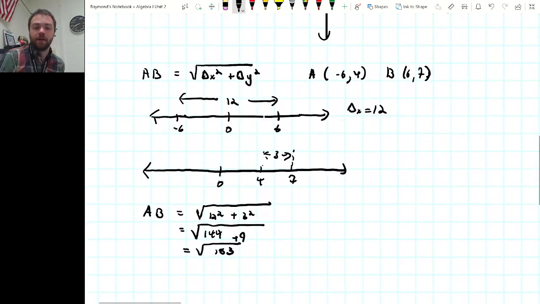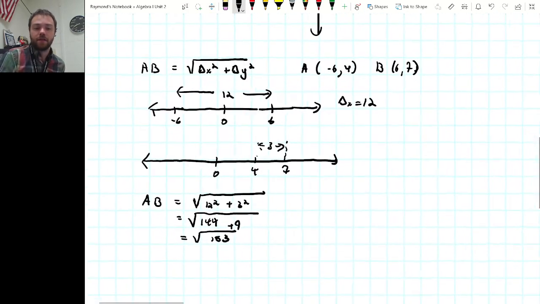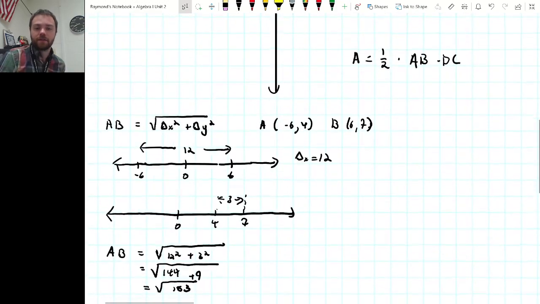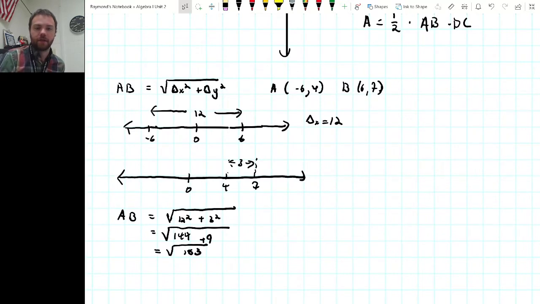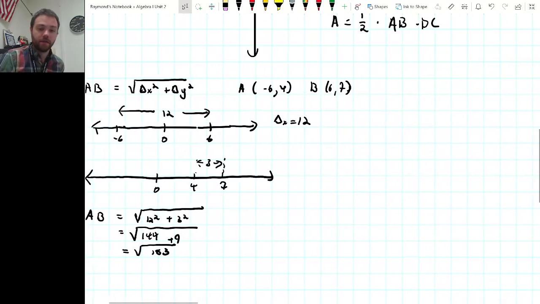And so I'm done with that. Now all I have to do is find the distance from D to C, so I can plug that into the formula here in a second.